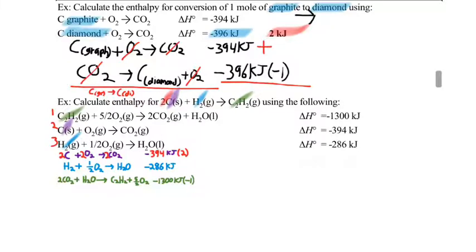So now let's add everything up, make sure it yields the overall equation I'm trying to find. So I see that I have 2 oxygens in that equation, and I have 2.5 oxygens in that equation.